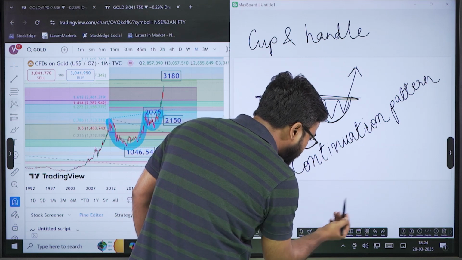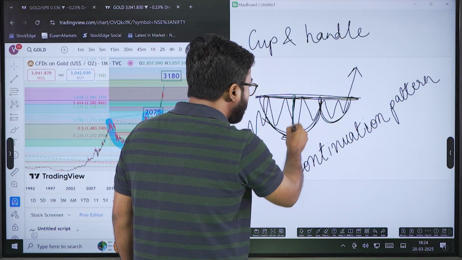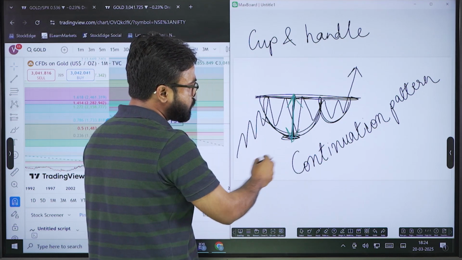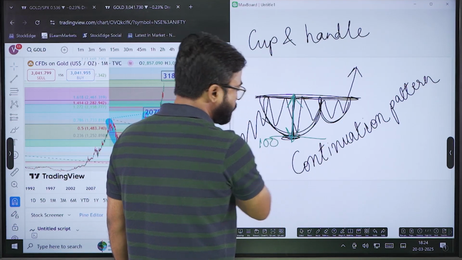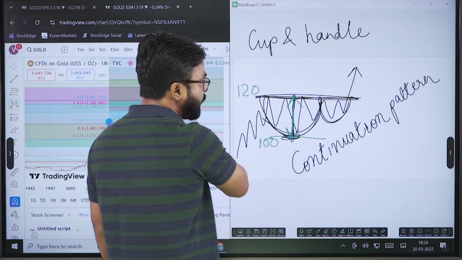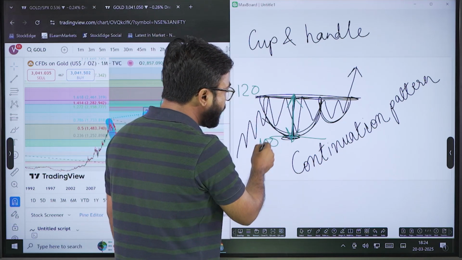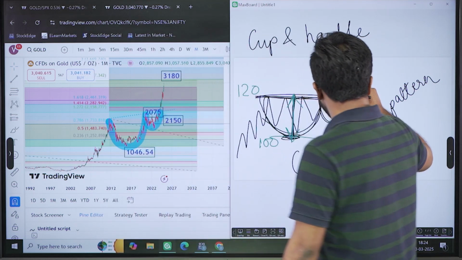I'm just changing the color of the pen. So, you need to measure this height, fine. Suppose this level is 100 and this level is 120.